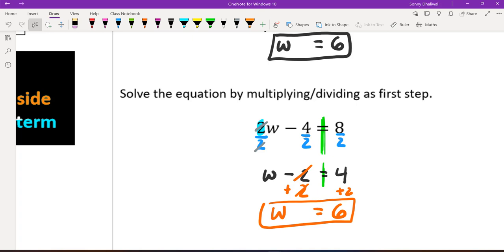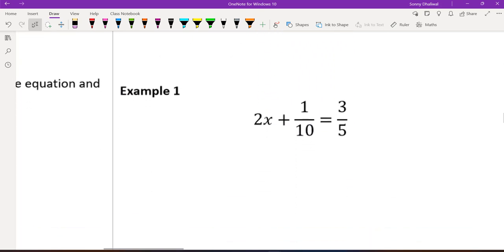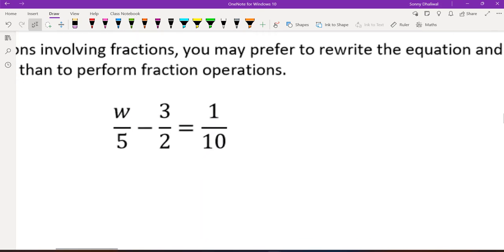Okay? And the reason why I show you this is, on this question, yeah, you probably don't want to divide by 2 first, because it makes it harder. But when we get into questions like this, and if you follow that rule of always adding and subtracting first, it can make it harder than it needs to be.